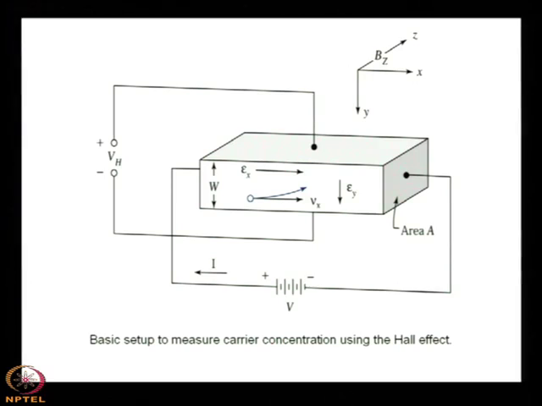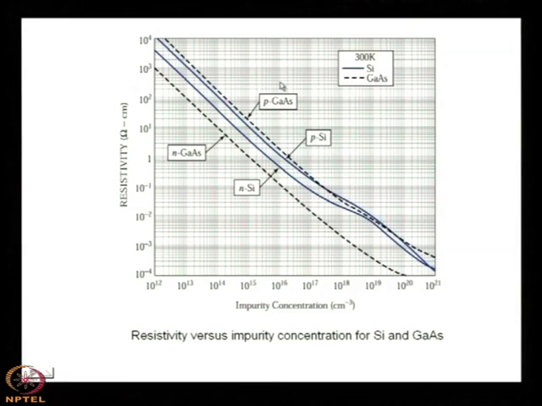Okay. So, three things we have calculated: the Hall coefficient, the type and the carrier concentration. But for the determination of mobility, you must know the resistivity, okay? And the resistivity is not given. So, basically there will be a chart like this from where you can calculate the resistivity.